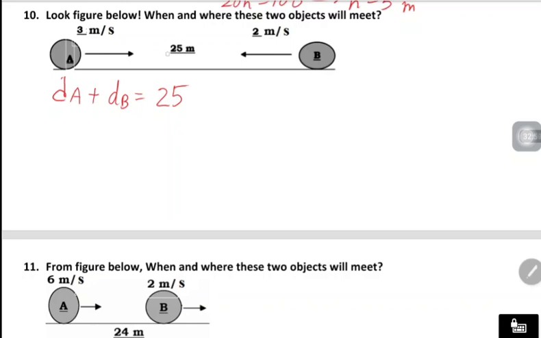We assume the point of meeting is this point, so this is the distance of A and this is the distance of B. These two values, dA plus dB, must be 25. Velocity of A times t plus velocity of B times t equals 25.